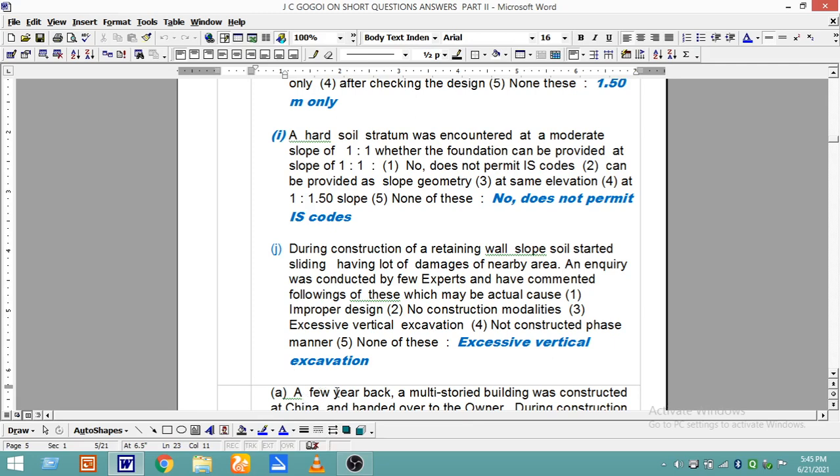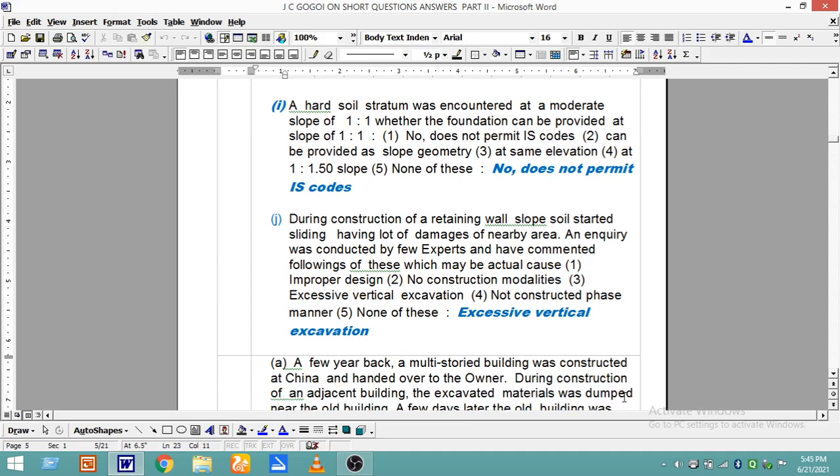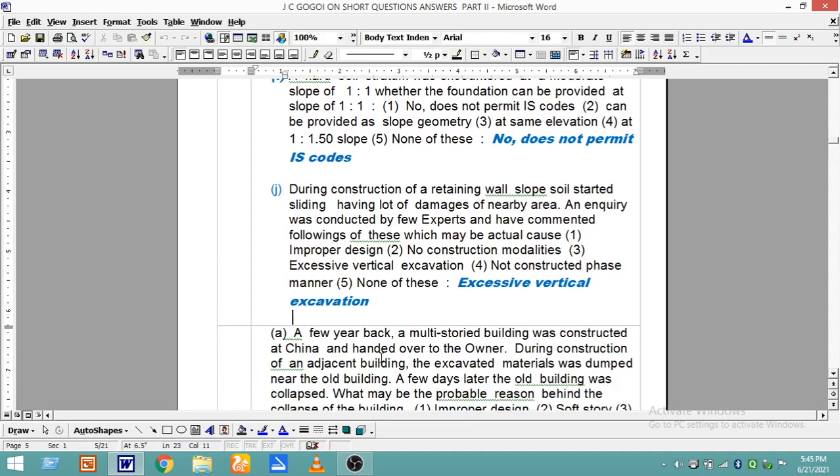A few years back, a multi-story building was constructed in China and handed over to the owner. During construction of an adjacent building, the excavated material was dumped near the old building. A few days later, the old building collapsed.